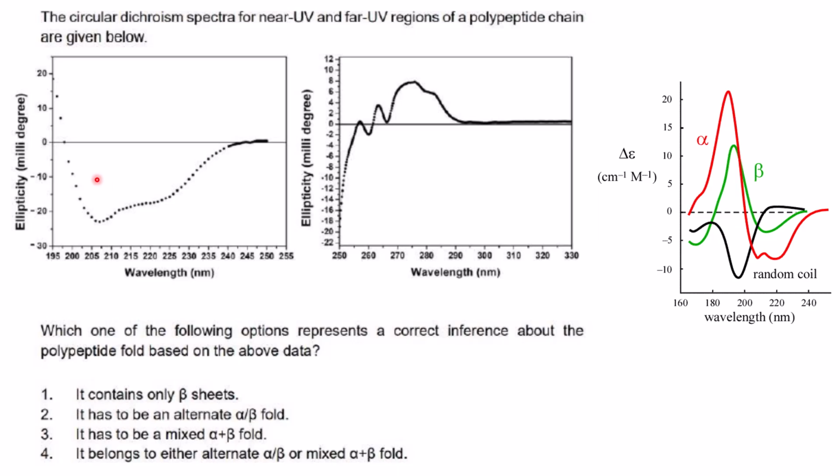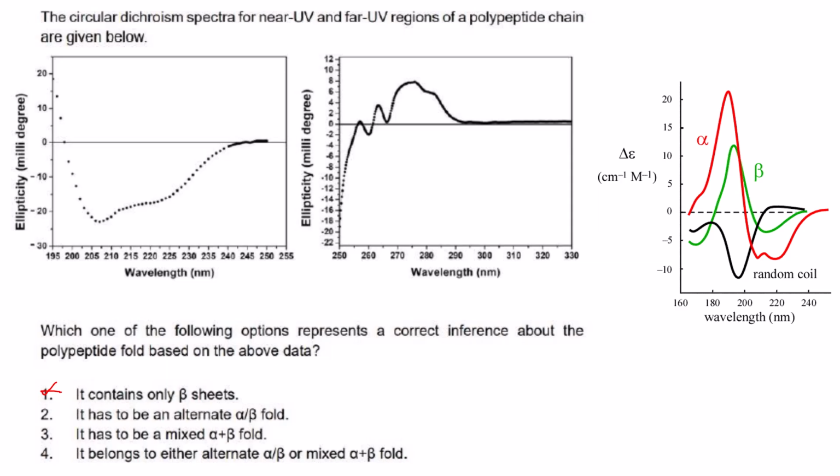No, it can be a mixture of alpha and beta. I told you already, if it is deviating from the classical secondary structure, then it can be a mixture of alpha and beta peaks. So that makes the first option wrong. Then what is the next thing they have told? It has to be an alternate alpha beta fold.